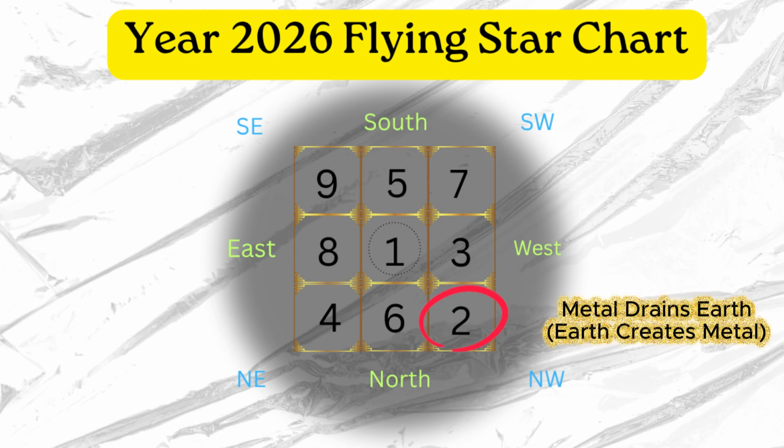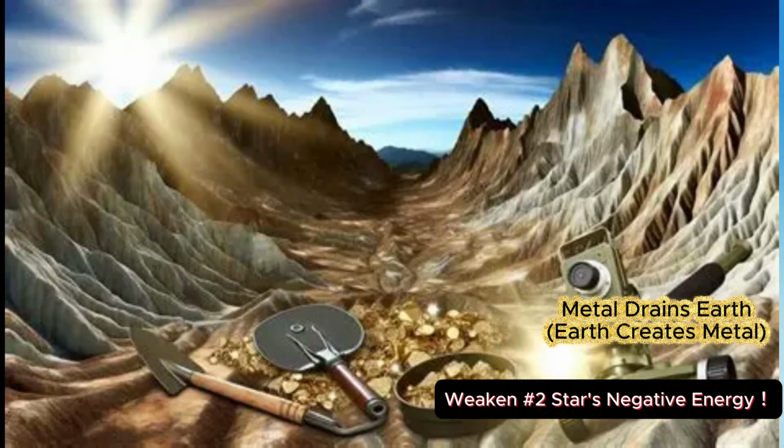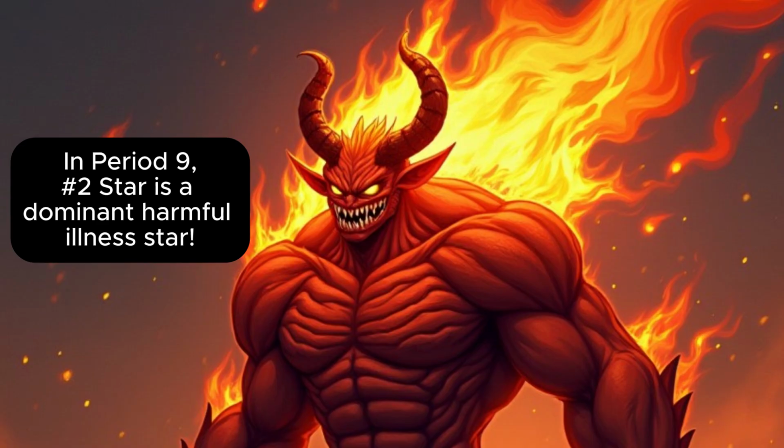This is actually good news, since the northwest metal helps weaken the number 2 star's negative illness energy. However, in period 9, from year 2024 to 2043, the number 2 star is the dominant harmful star. The negative energy is very strong.